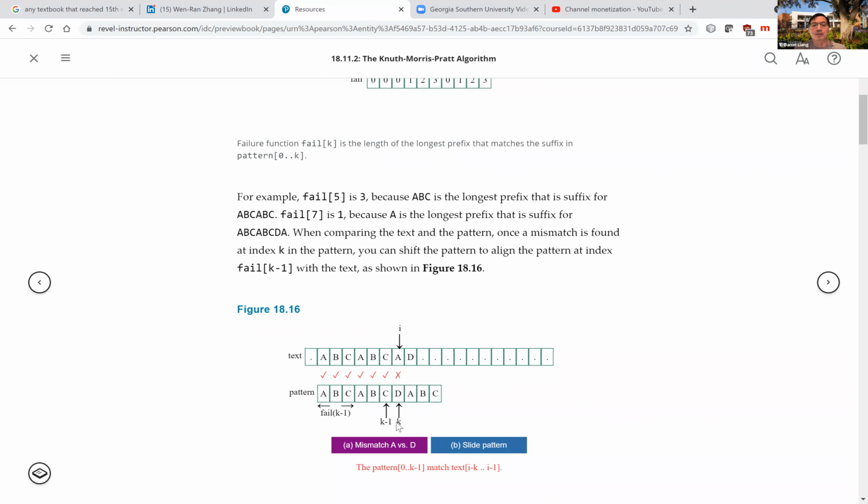So k minus 1 matches. We look at the largest prefix that matches the suffix. That's where we're going to shift. We're going to slide all the way down right here. We don't have to do any comparison because we know they are exactly the same, the prefix and the suffix. So that's the idea of the KMP algorithm.